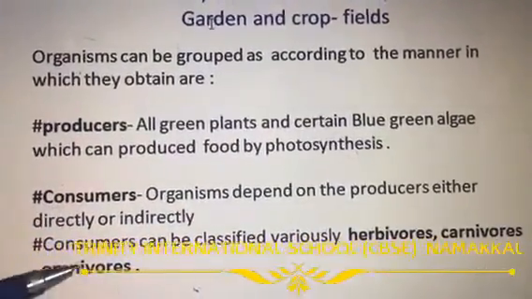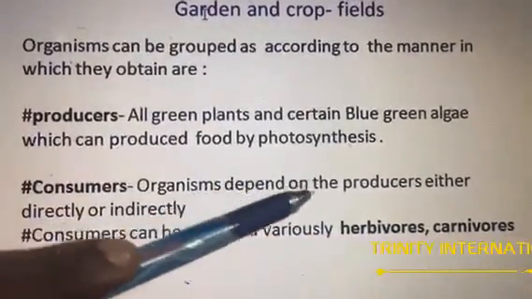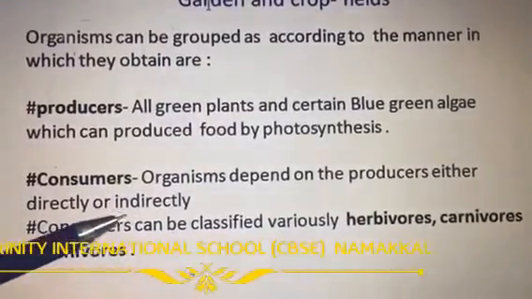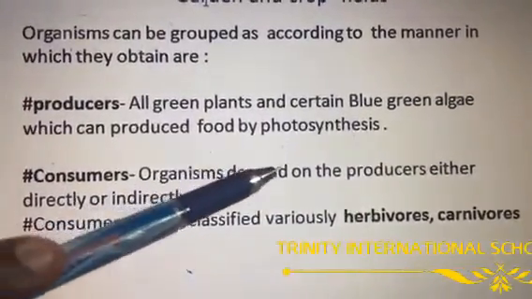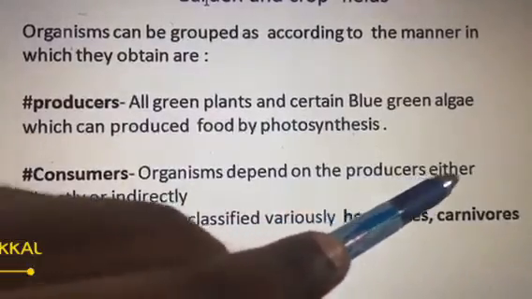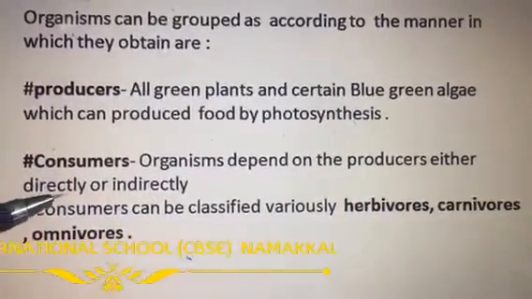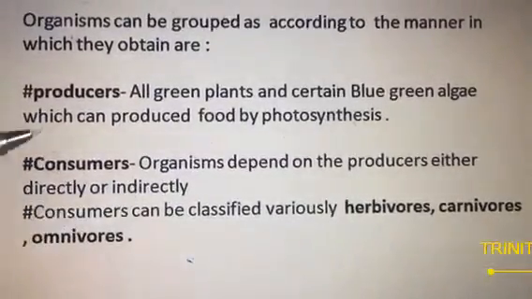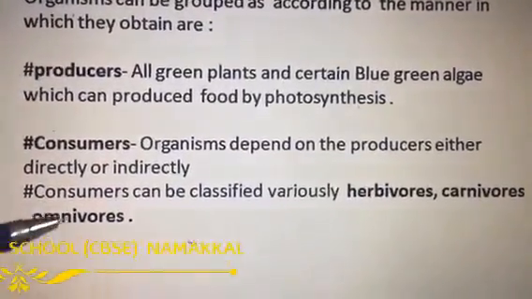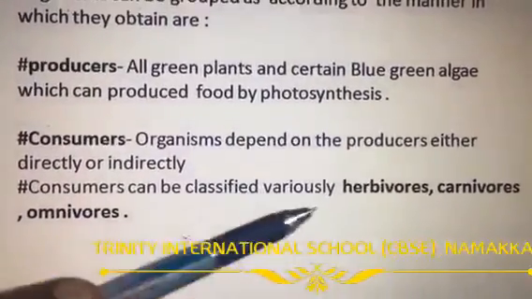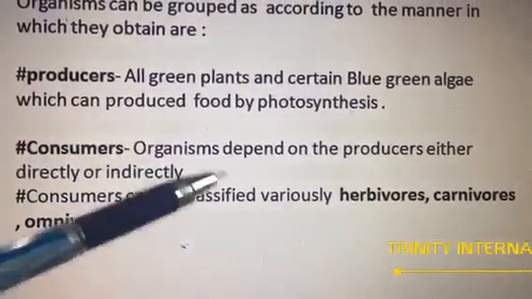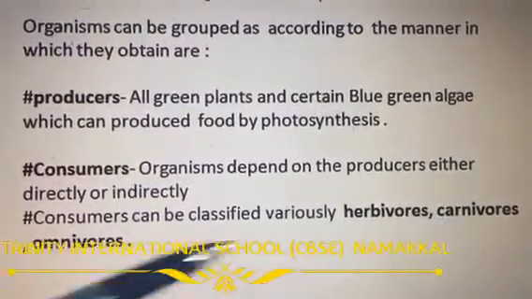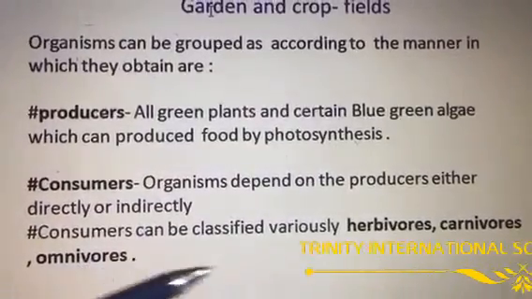Next, consumers. Organisms that depend on the producers either directly or indirectly are called consumers. The consumers can be classified variously: herbivores, carnivores and omnivores.